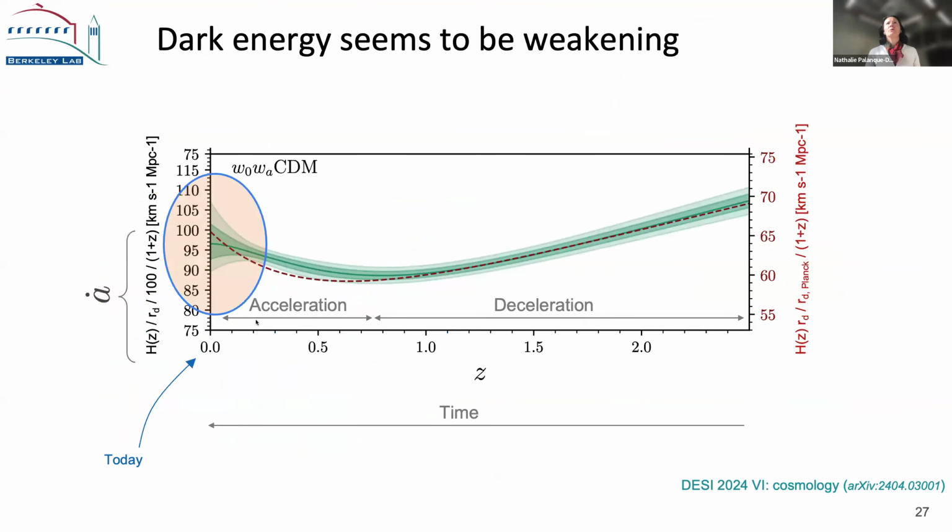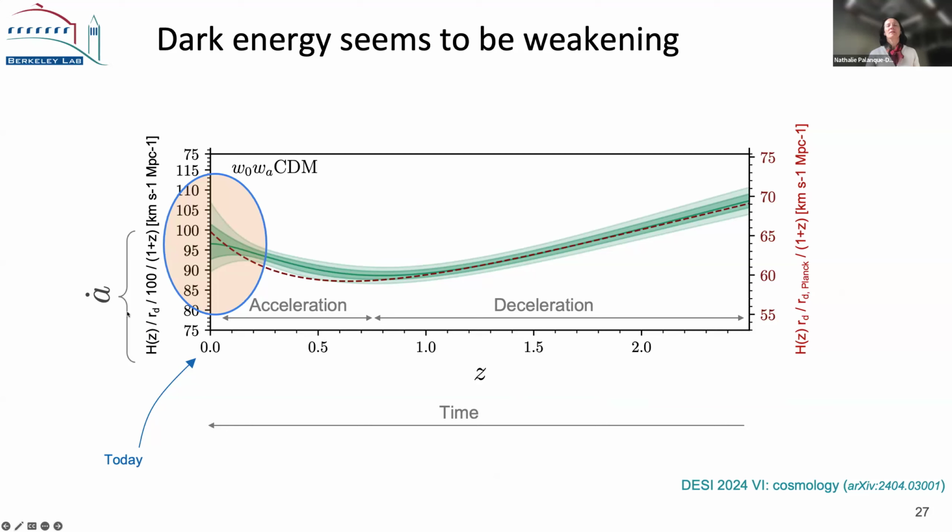So what does that mean for dark energy? We've seen the titles in the newspapers that dark energy might be weakening, and this is illustrated in this plot here, where I illustrate the change in the scale factor of the universe.